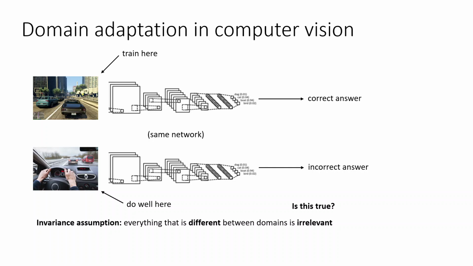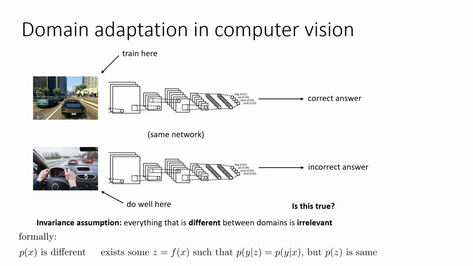So if you subscribe to the invariance assumption, you can write it out formally. So let's say that the images are denoted with x. Formally, what this means is that P of x is different. So you have a different distribution of images in the source domain and in the target domain. But there exists some representation, let's call it z equals f of x.